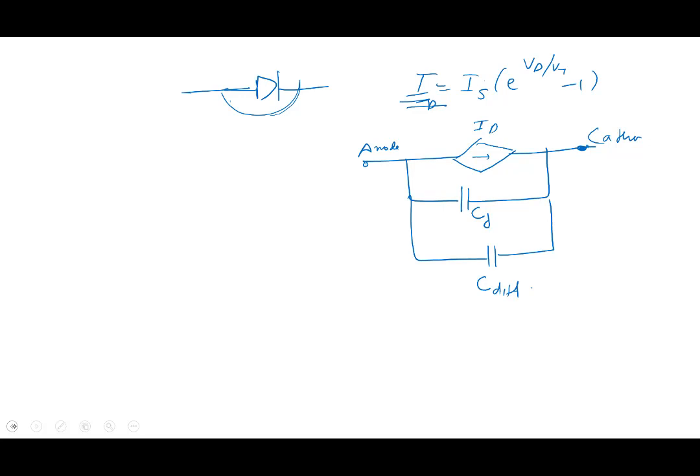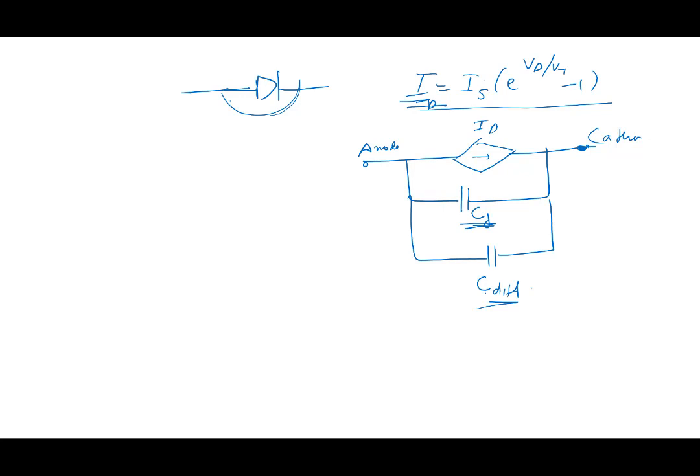When you're a circuit designer, you have to keep in mind the diode is not just this current. This current, of course, you approximate by saying it's a 0.7 volt voltage source and all that model. But there are these capacitances here, Cj and C diffusion. I have these two capacitances, so I have to know what they are.